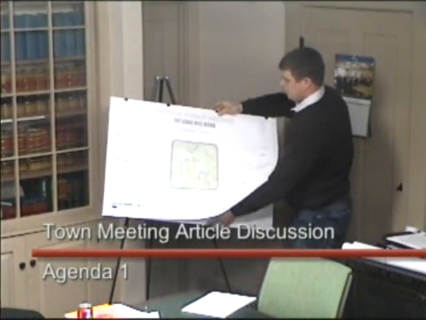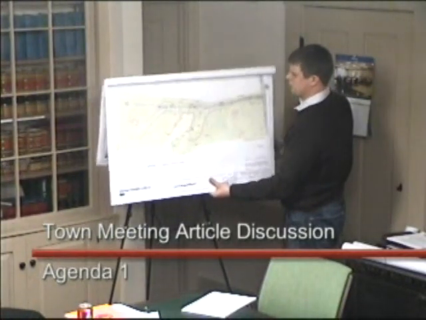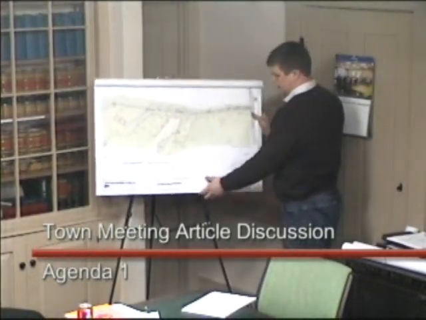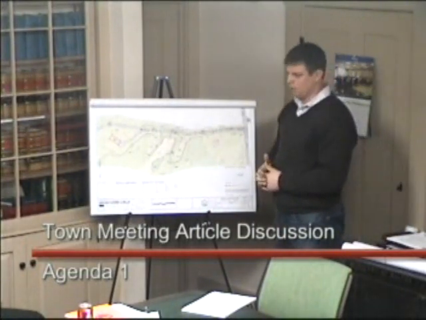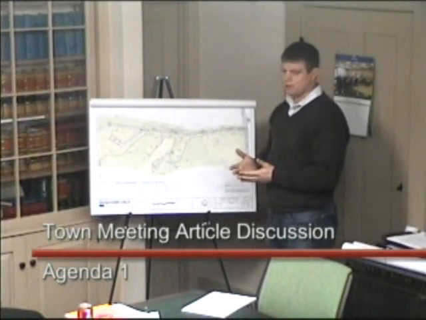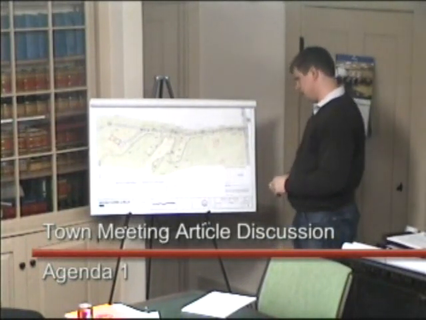As I mentioned, your bylaws and regulations allow the creation of a common driveway, which is anything between 3 and 5 lots, by special permit from your board. So that's why we're here this evening.